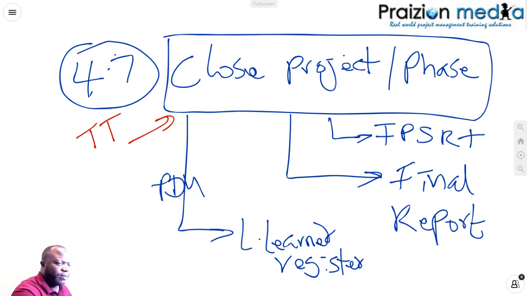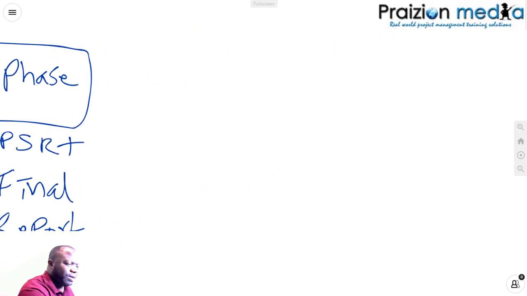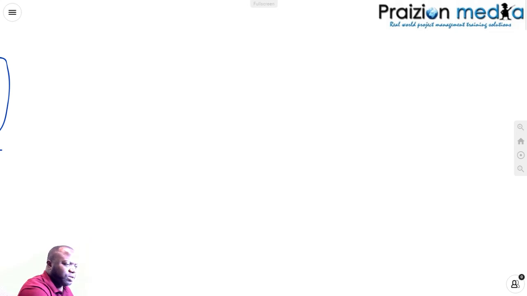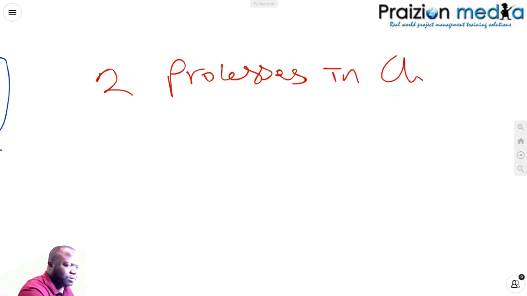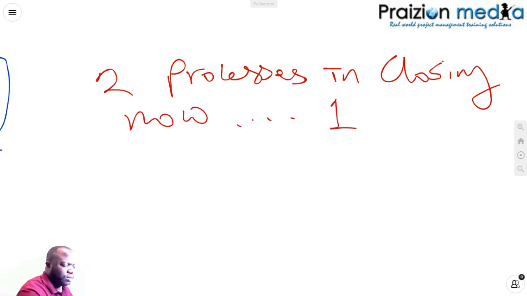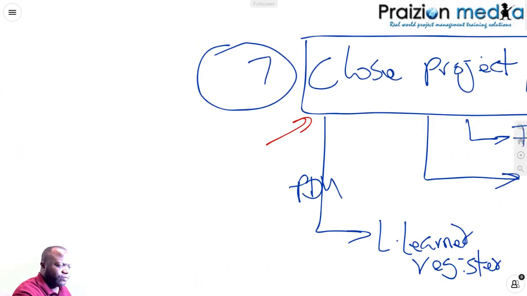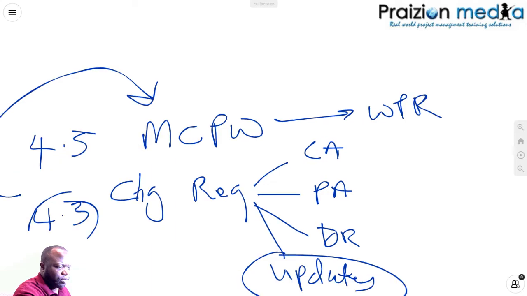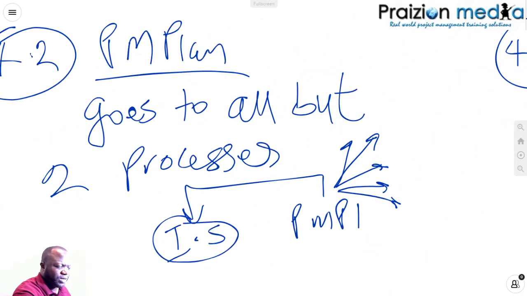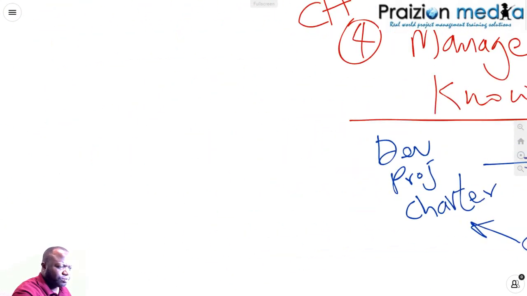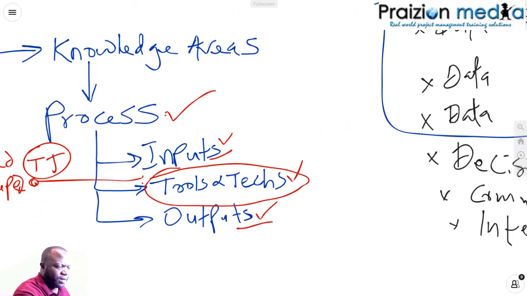While we're here talking about close project or phase, I know it's coming much later on, but there used to be 2 processes in closing. But now there is only 1. So if we're going to examine one more time this first image that I showed you at the very start, let's go back here.